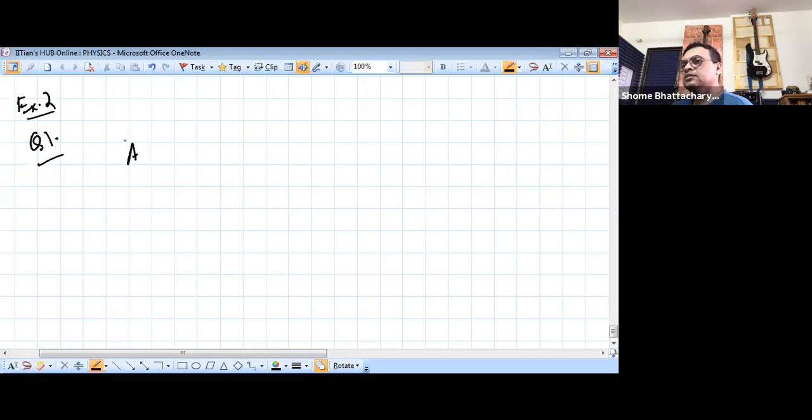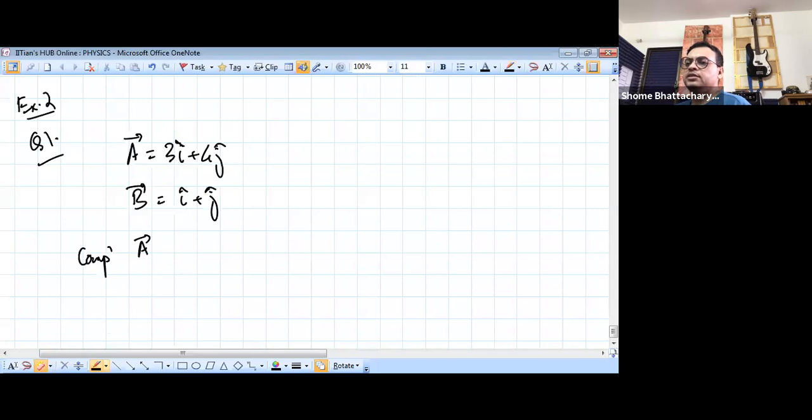The vector E is given to us as 3i cap plus 4j cap, and the vector B is given as i cap plus j cap, and we have to find the component of E along B. That is basically E parallel, and the component of E perpendicular to B. So that is E perpendicular. These two things we have to find out.